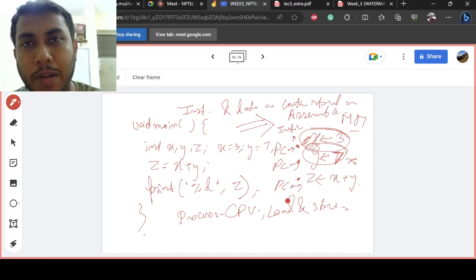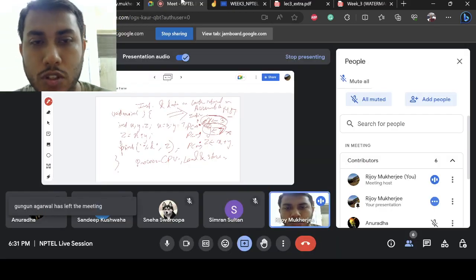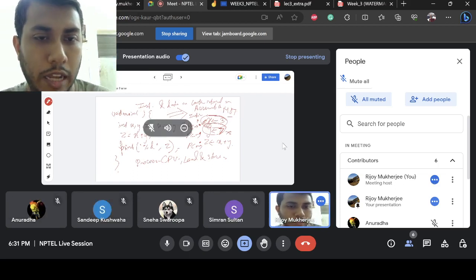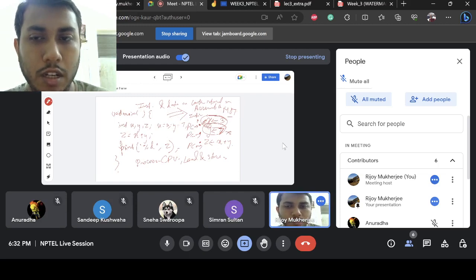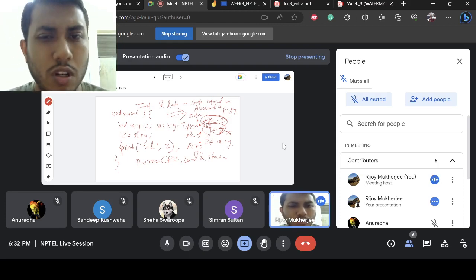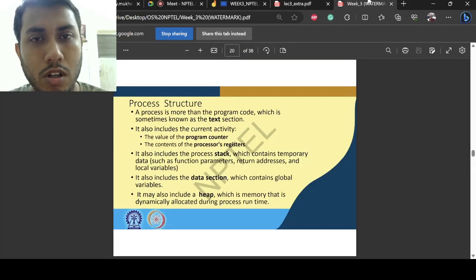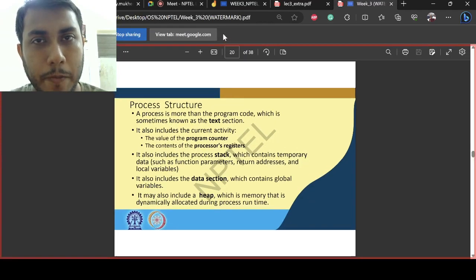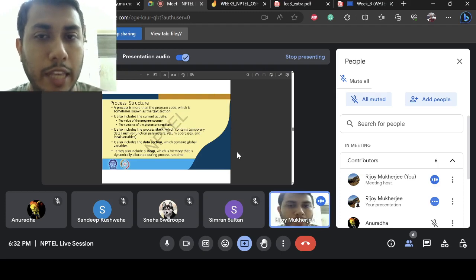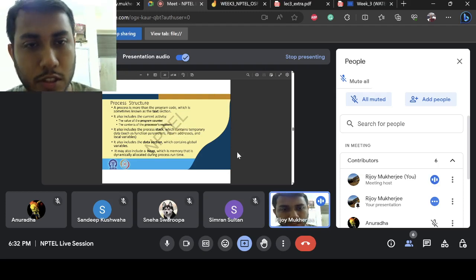So in a sense, the program counter always points to the next line of execution in your chain of instructions that are being executed. That is why the program counter is used. Similarly, your process has program counters to keep in check up to what part of the code has been executed. This is your process structure.